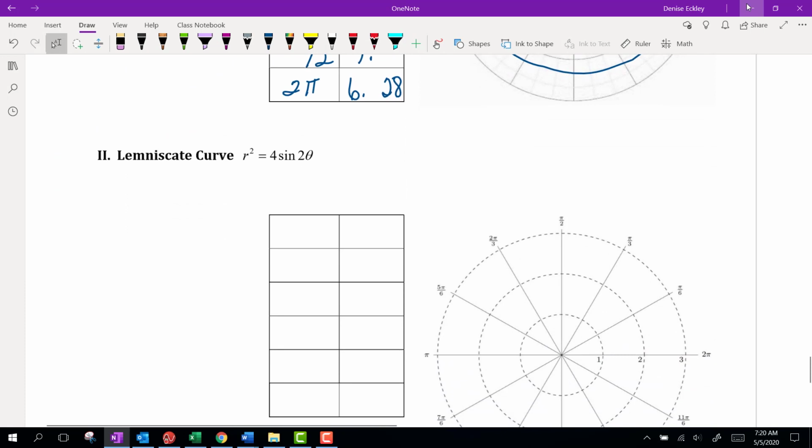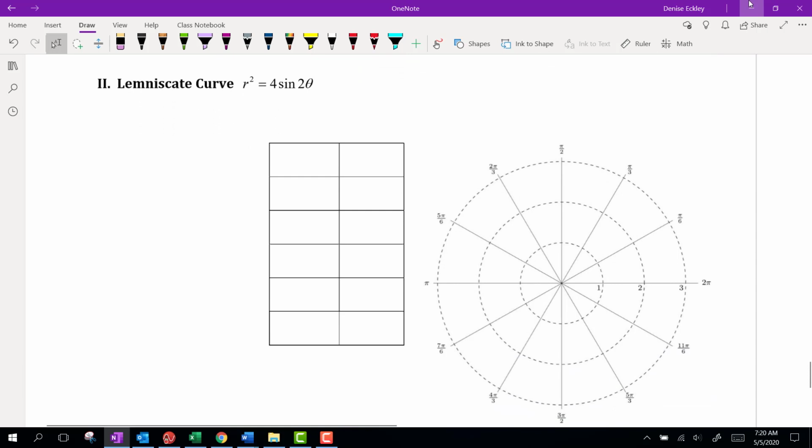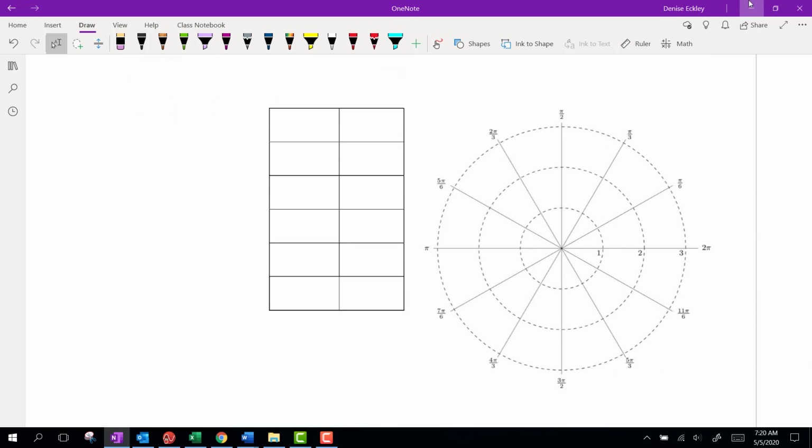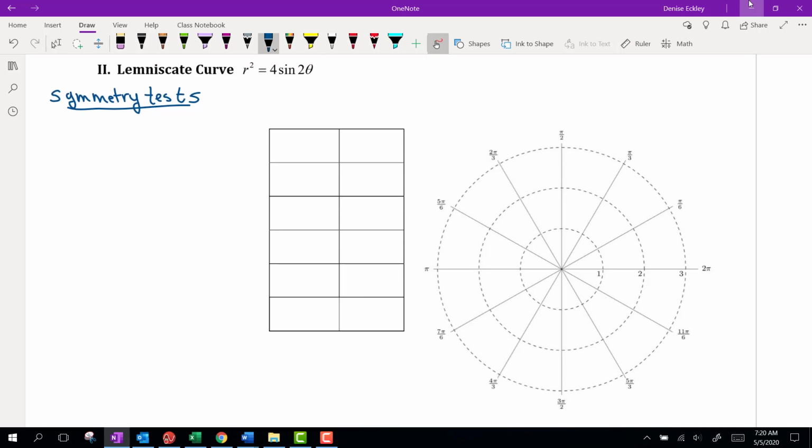Another very famous graph is called the lemniscate curve. And if you notice now, our r is squared. So just to go through the symmetry test real quick. And I guess it helps if we see the equation. There it is. Doing our polar axis, we're going to use the alternate one.